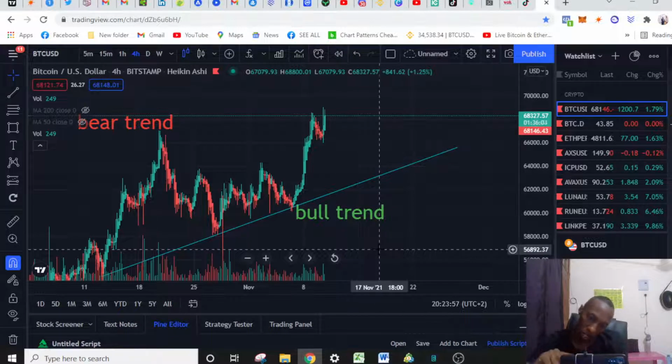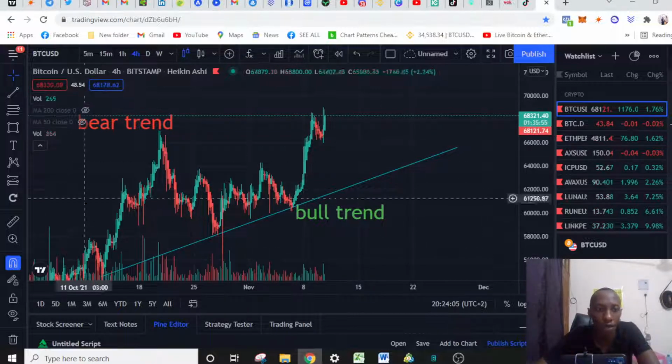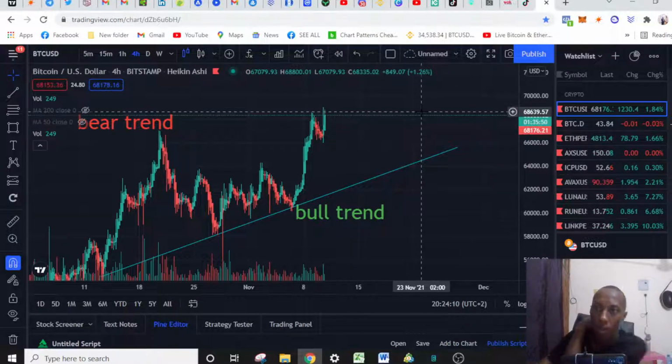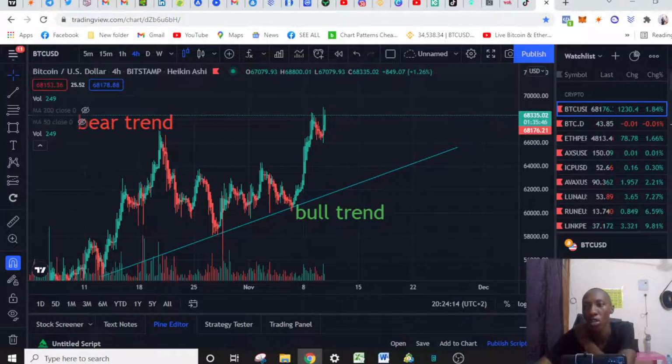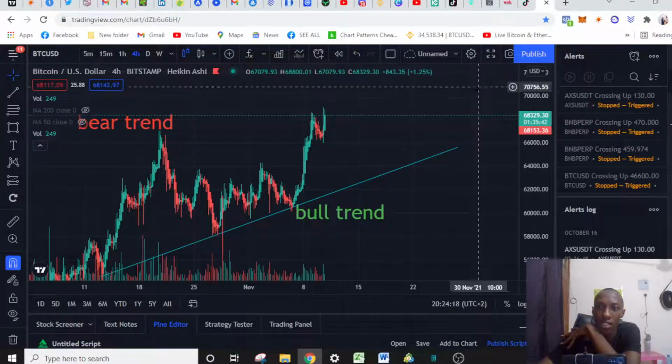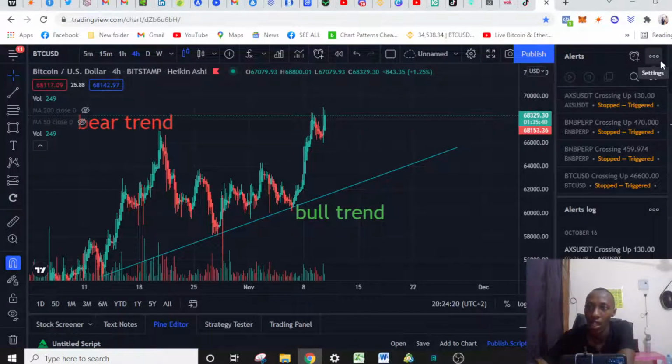Is there a way to get an auto notification to buy? Yeah, very good question. That's what I was talking about. You see, right now, I've not yet upgraded my trading, and right here we have an option called alerts. Okay, alerts is where you get alerted and you set the alert.